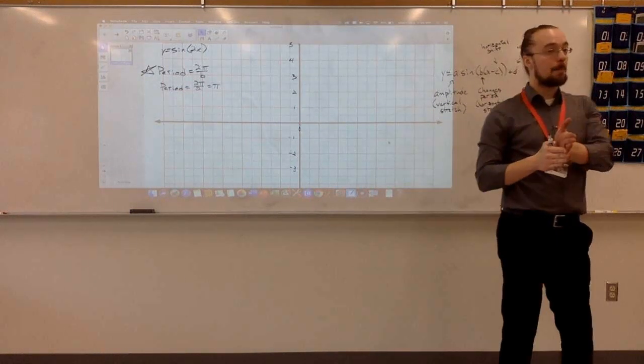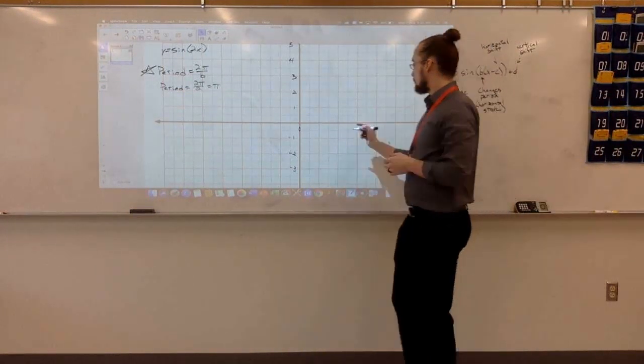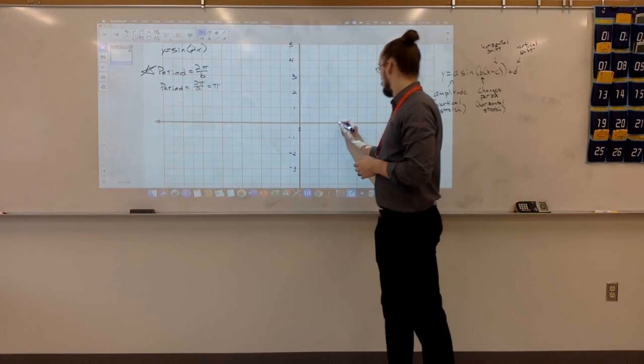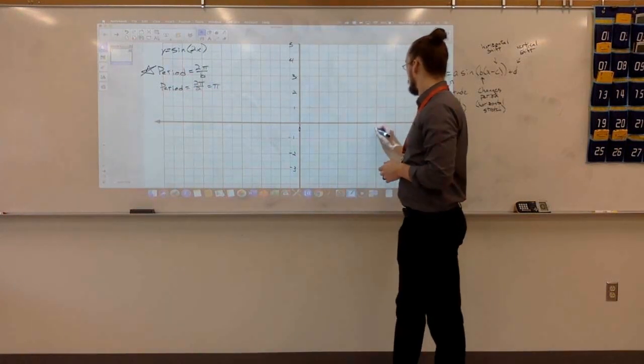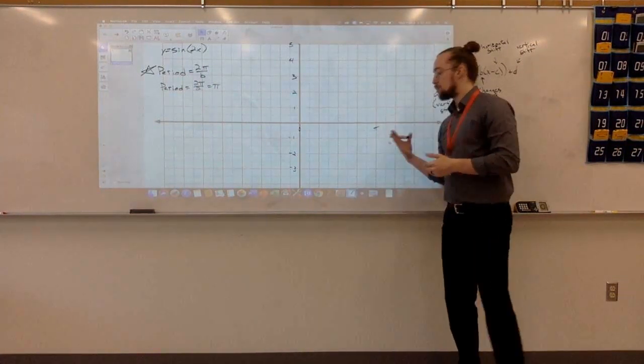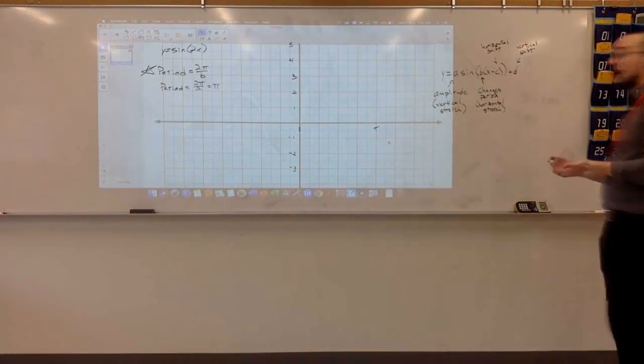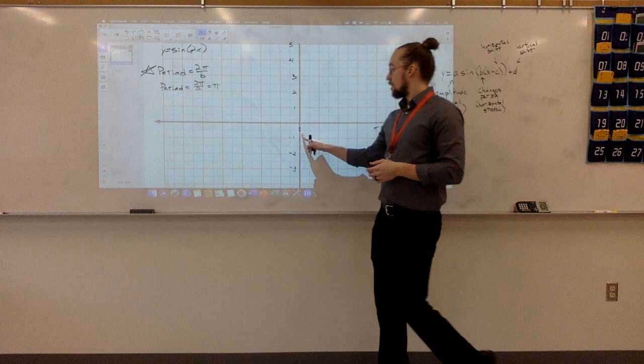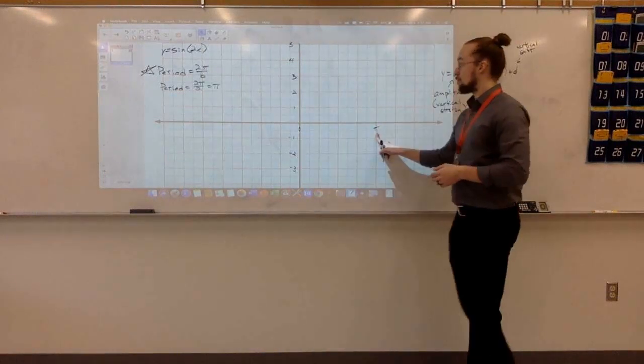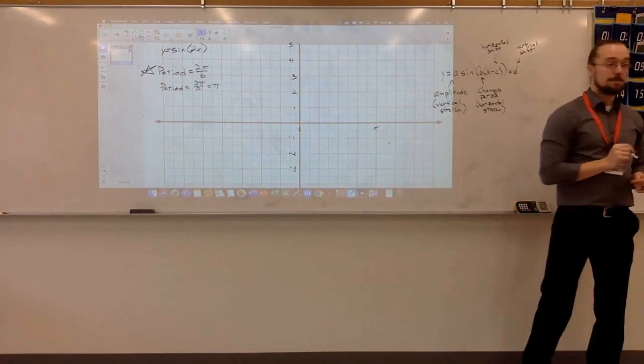So when we graph them, okay, we still want to stretch it out enough to where we can see the shape. Okay, so now I'm just going to say my period is going to go from 0 to pi.